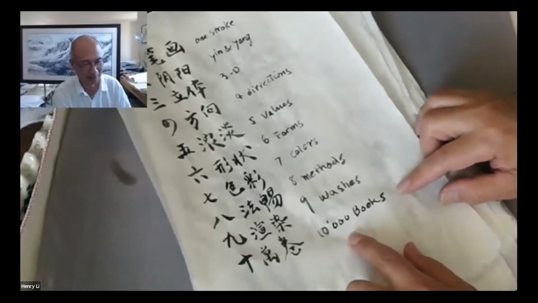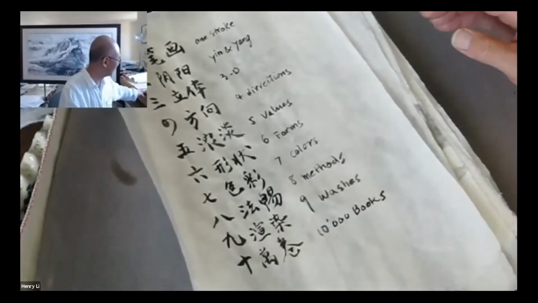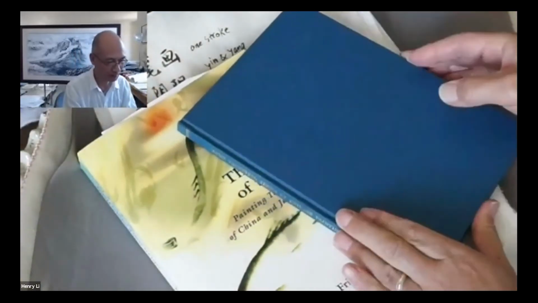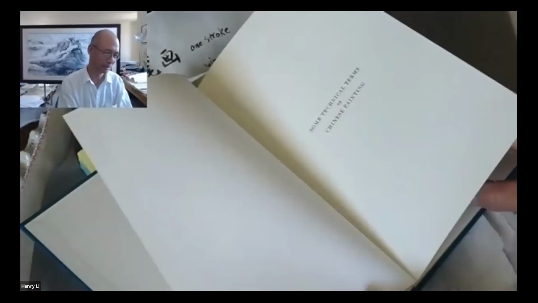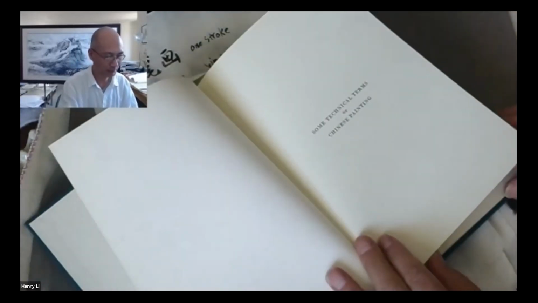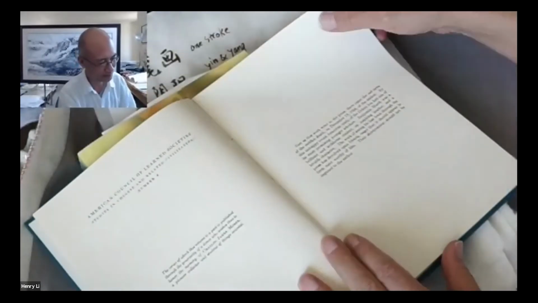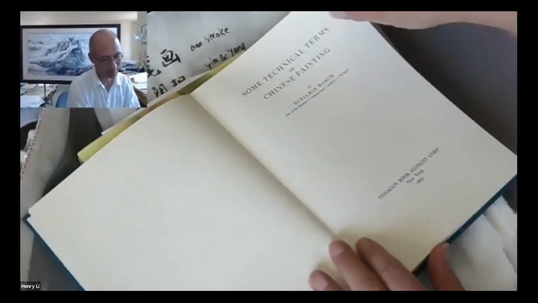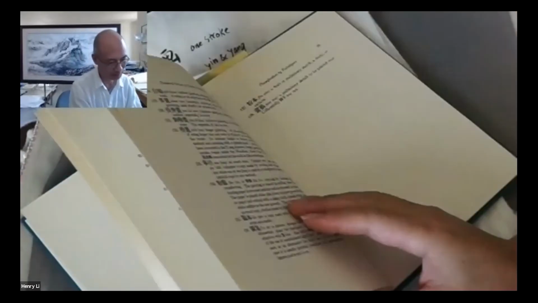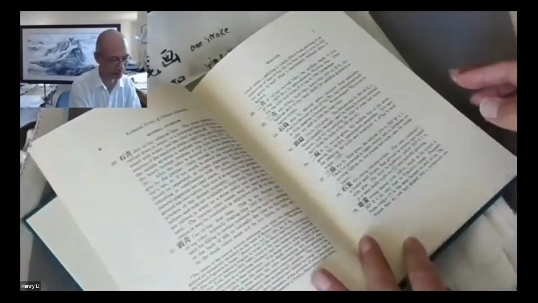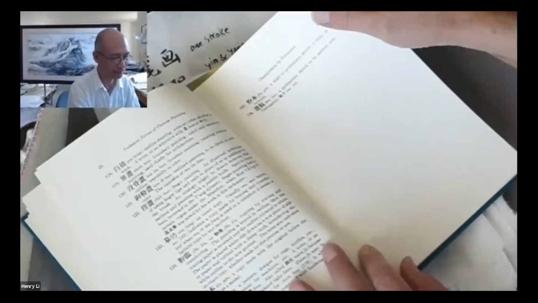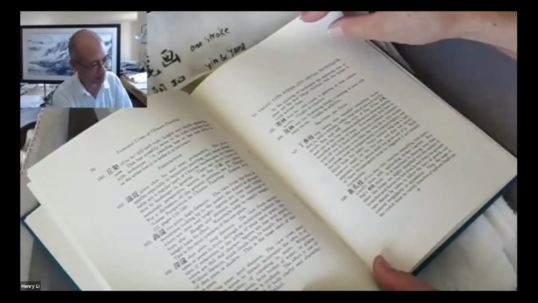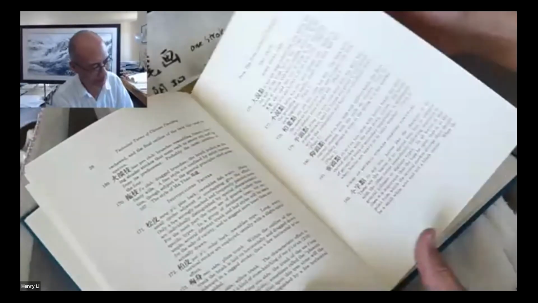And finally, number 10, 10,000 books. It means you need to read, and some good book like this. I have also found a reference in that book, actually recommended by my friend Bill Buckman. It's a 1930s or 40s book called Some Technical Terms of Chinese Painting. Maybe I'll take a few shots. It just explains, like the translation of the Mustard Seed Garden Manual, but it has a system to classify.